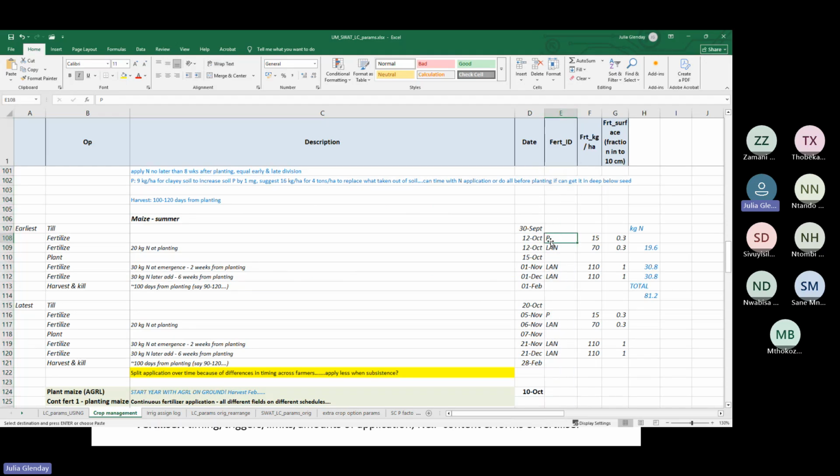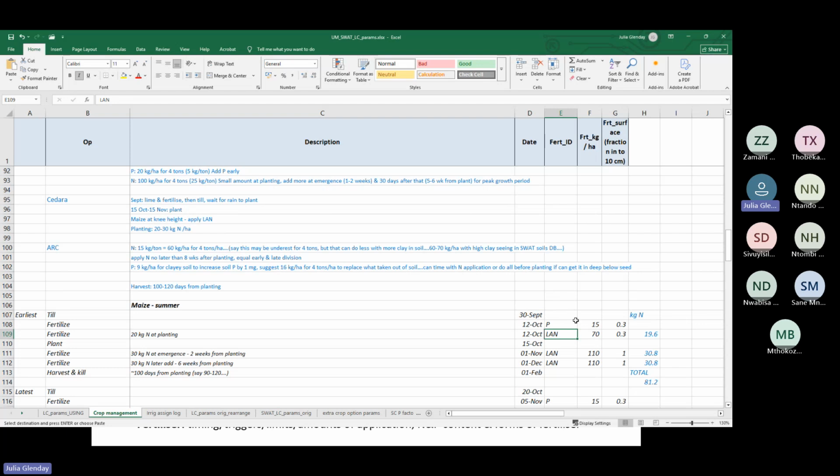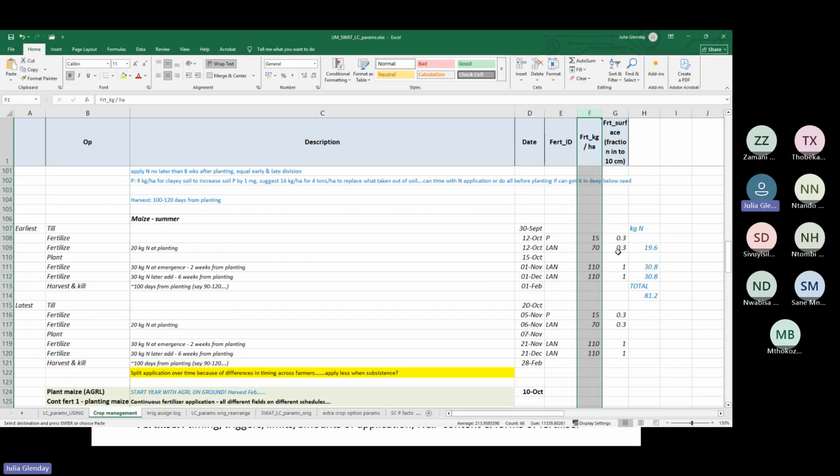So P could just be pure phosphorus. LAN is a fertilizer type that I found in the literature was recommended for use in South Africa for these cases. I'm trying to remember what it stands for. But then I have kilograms per hectare being applied at planting, and then the fraction of the application on the surface versus being worked in.